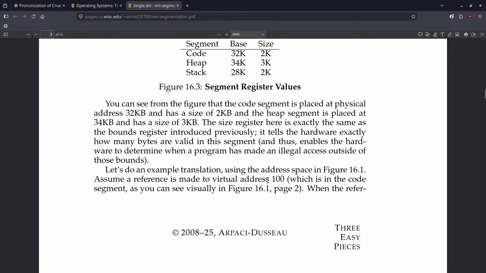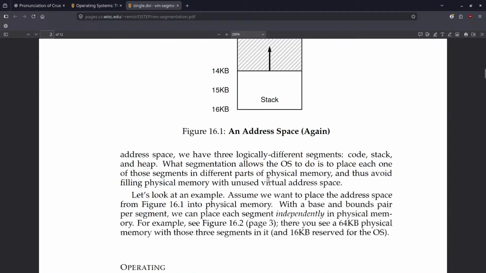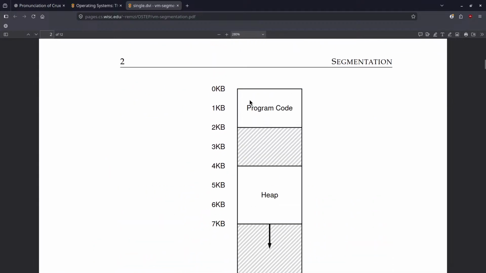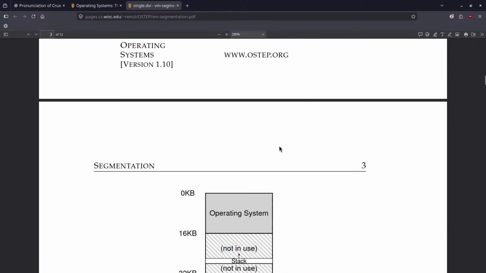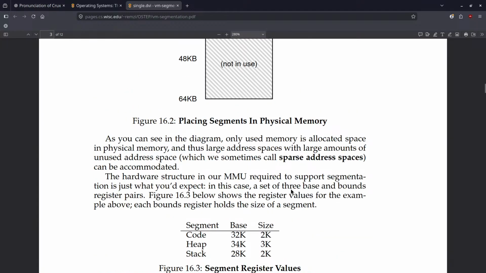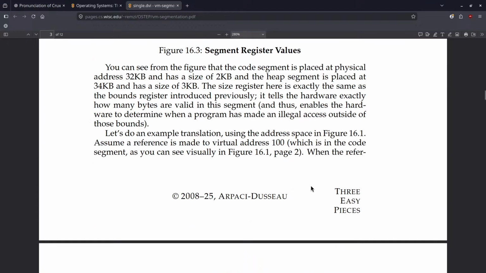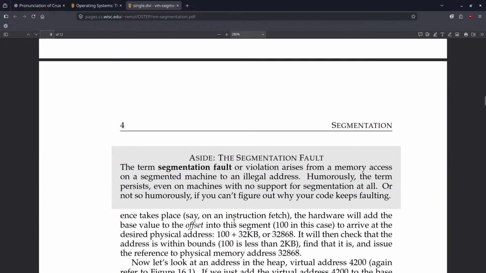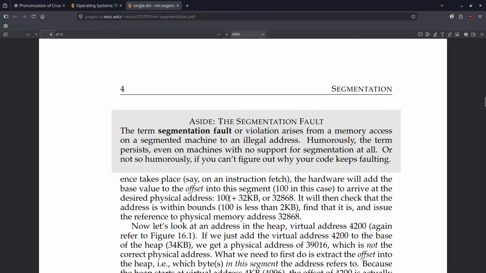As you can visually see in figure 16.1, when the reference takes place, say an instruction fetch, the hardware will add the base value to the offset of the segment, 100 in this case, to arrive at the desired physical address.